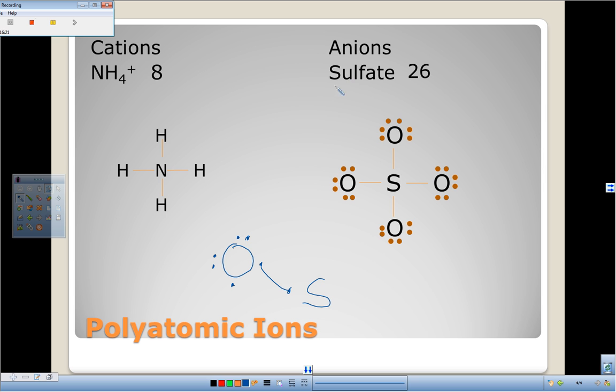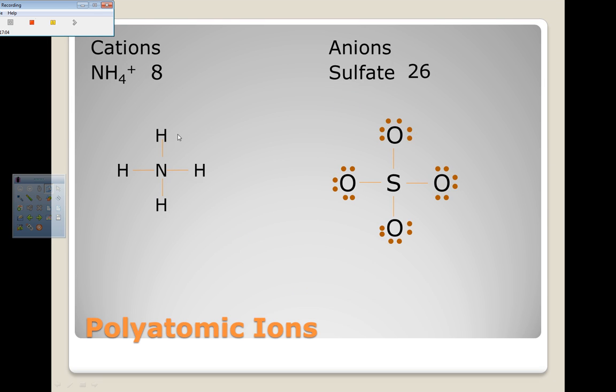The formula for sulfate is SO4. So there are only 4. And again, put them in brackets, give the overall charge once they're all done for polyatomic ions, because they're ions. They have a charge. So you got to tell me what that is.